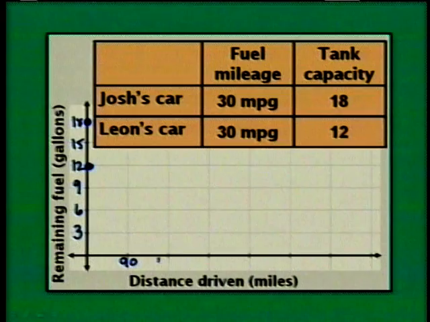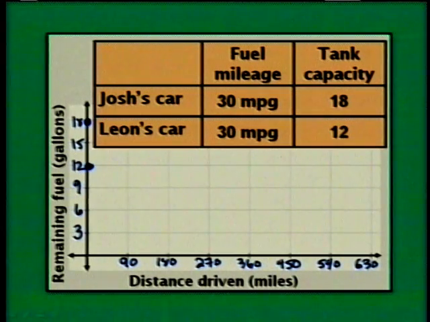So I have 90, 180 miles, 270 miles, 360 miles, 450 miles, 540 miles, and 630 miles. Now you'll see in a moment just why I labeled things this way in case you didn't see it before.